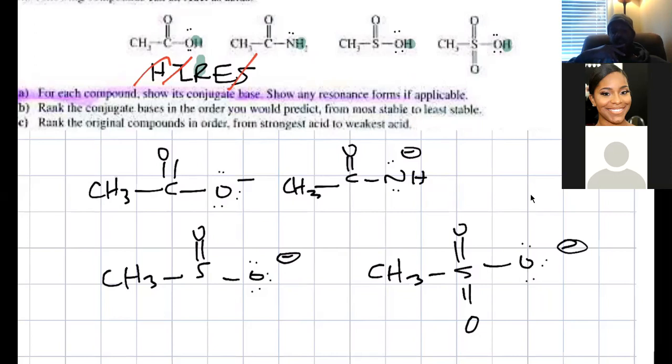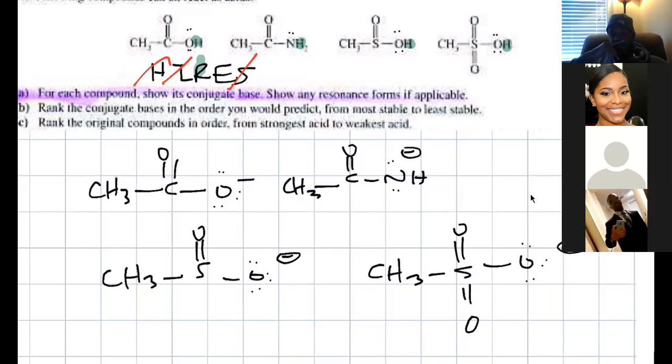Yes. All right. Quick question. Go ahead. So, just as a quick refresher, how can we know right off the bat that all of them can be resonant? Well, you see this pattern right here, right? It's the same allylic anion type pattern. And if you have that pattern present, then you know that you can do resonance.